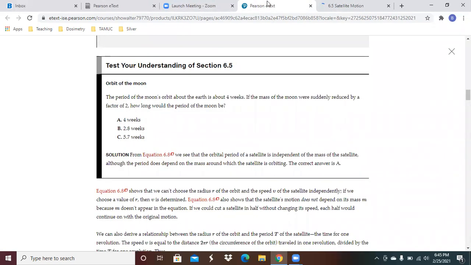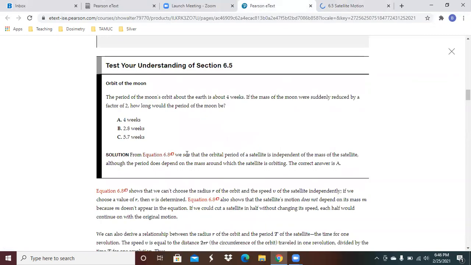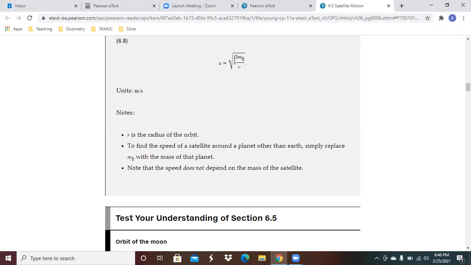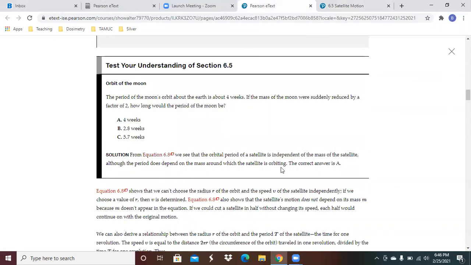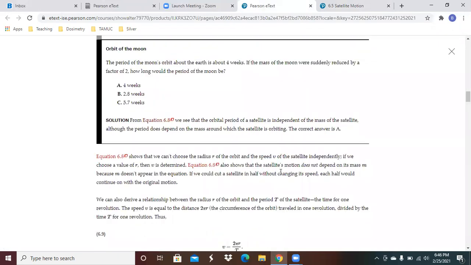If you look at this particular equation, you can see that the orbital period of a satellite is independent of the mass of the satellite. The period does depend on the mass around which it's orbiting. The correct answer here is A.